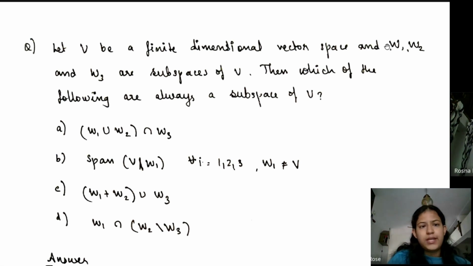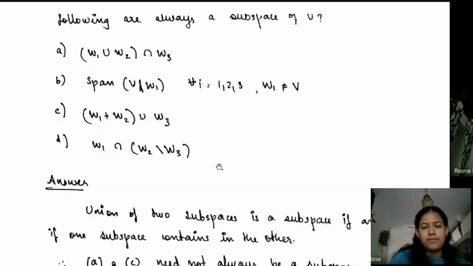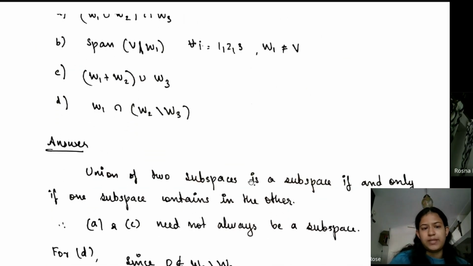So here we have 3 different subspaces, and we are asked which of the following is always a subspace. So here we can get rid of options where, if you have 2 subspaces, then their union might not always be a subspace. Union of 2 subspaces is a subspace if and only if one of the subspaces is contained in the other.